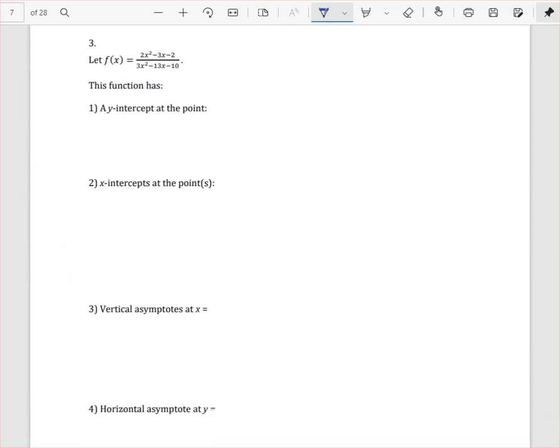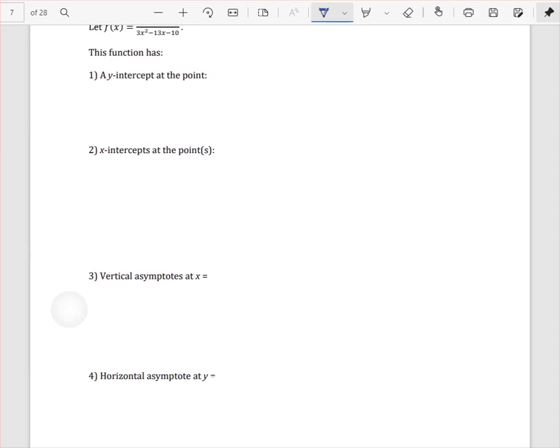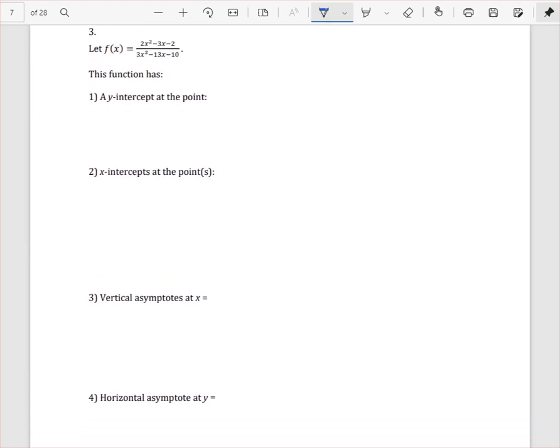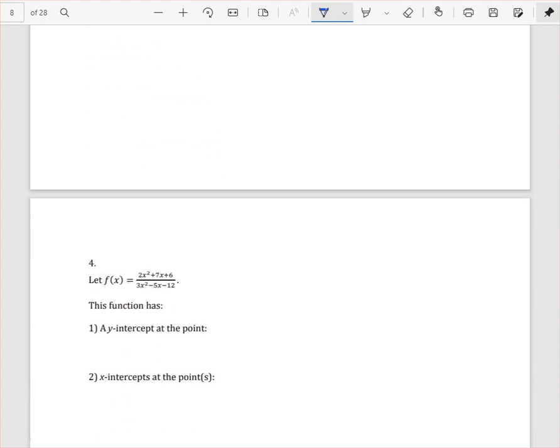Okay, let's do one more example. This is very similar to the one we just finished. Not the previous one, but the one before that. So I'm going to do this one. I think there's two more examples here.